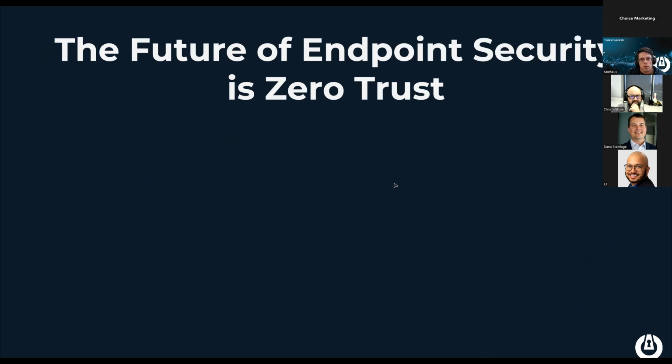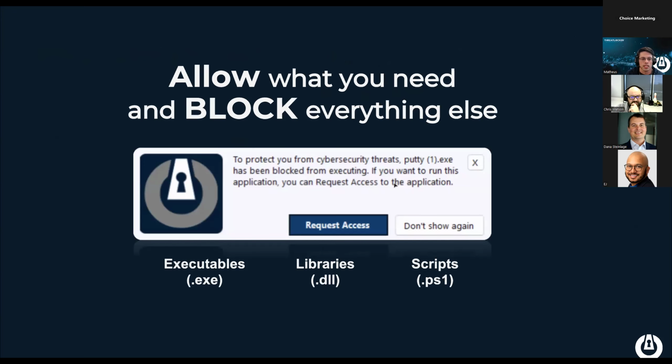And that's what we believe is zero trust. I think the future of endpoint security is zero trust simply because with zero trust, you don't need to necessarily know that something is bad to block it from running in your environment. You can, with zero trust, allow what you need and block everything else, including executables, DLLs, PowerShell scripts.